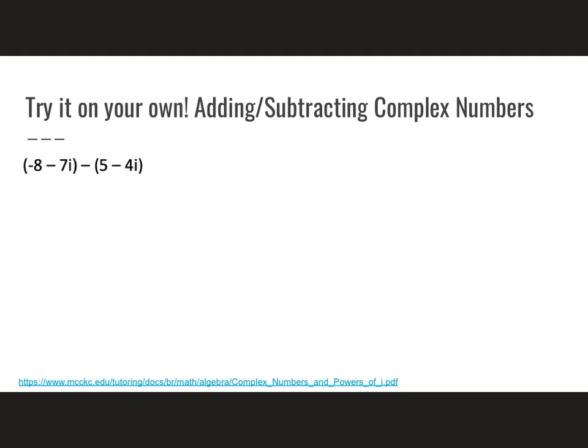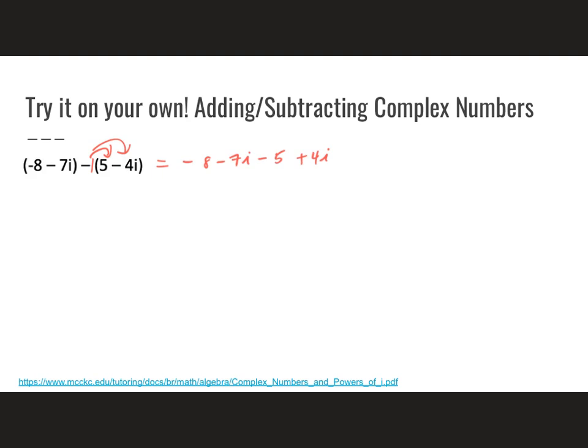Let's do it together. So I see that I'm subtracting these two complex expressions together, so I need to distribute that negative 1 to everything in my parentheses. So when I do that, my expression is negative 8 minus 7i. Minus 1 times 5, which is minus 5. Negative 1 times negative 4i is positive 4i. And so now I just want to combine my like terms.